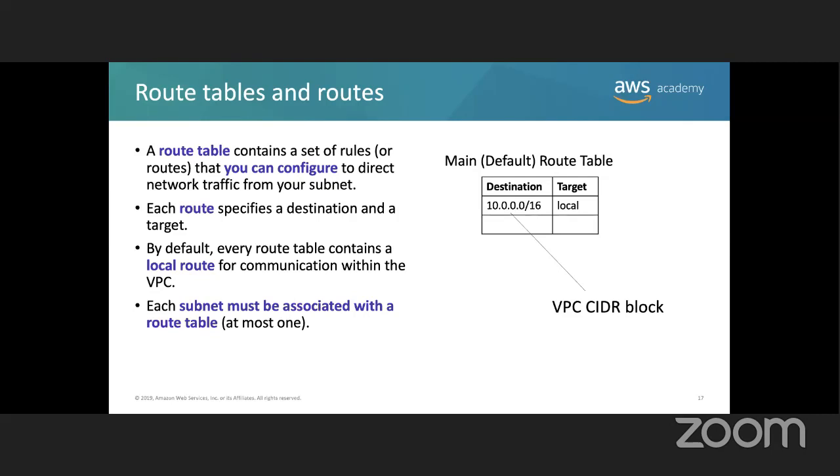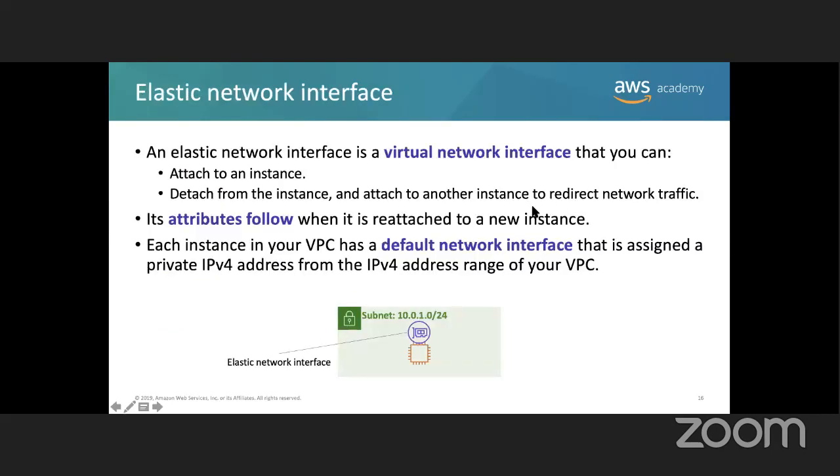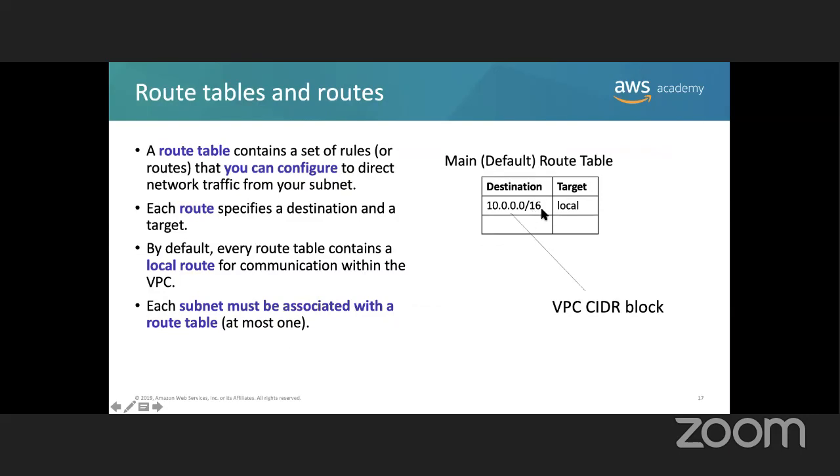It contains a local entry. It means that it allows traffic between resources inside the subnet. That's why it's a local entry. Okay, and of course the destination is the VPC CIDR block. That's the CIDR of the VPC.